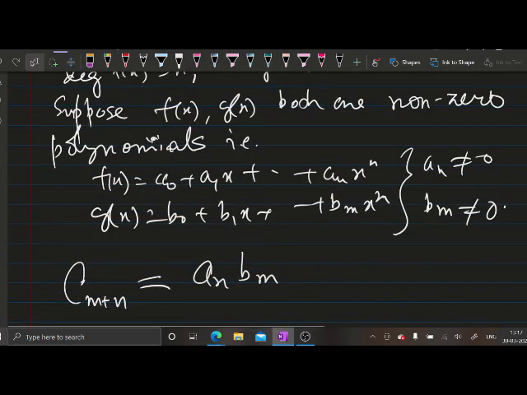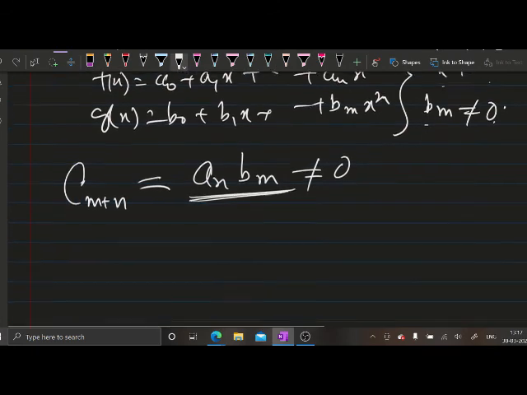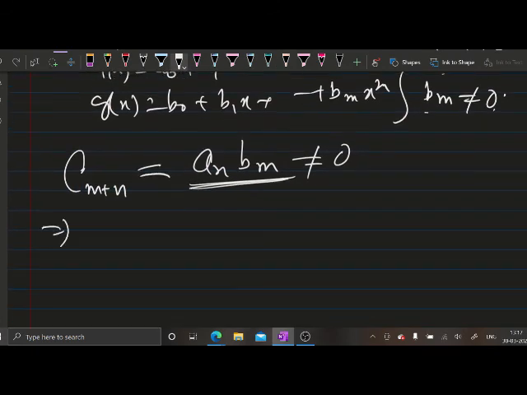That means the ring R doesn't have zero divisors, which says that if you take any two non-zero elements, then their product is also non-zero. Since a_n is non-zero and b_m is non-zero, their product must be non-zero, and hence the polynomial f(x) g(x) is also a non-zero polynomial.